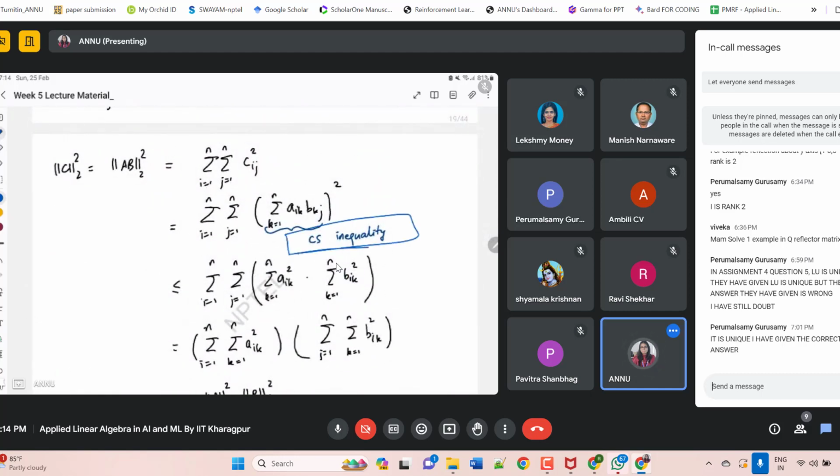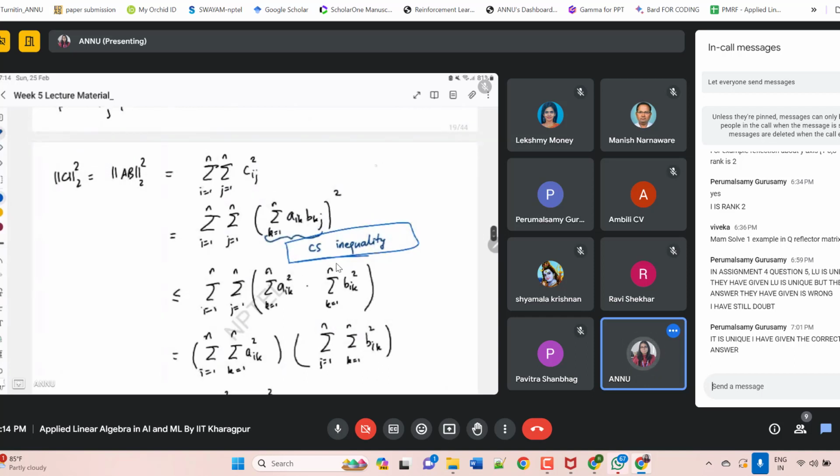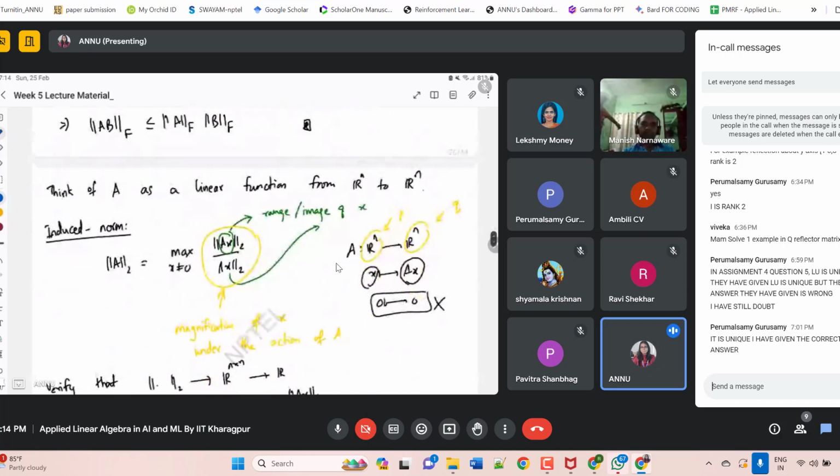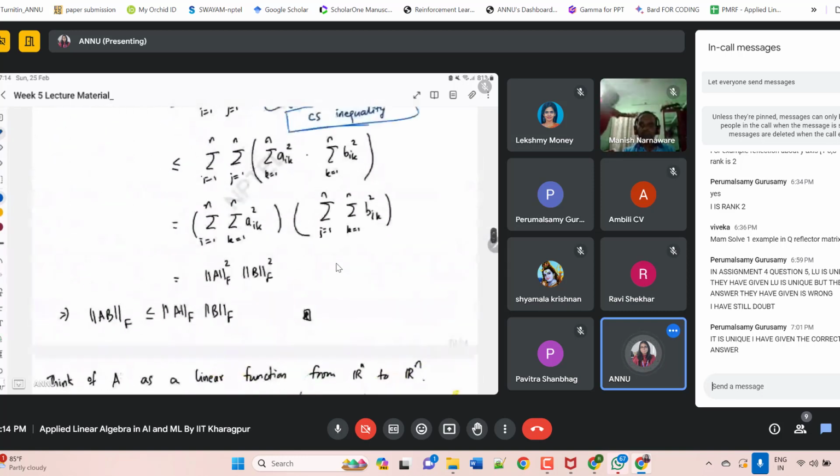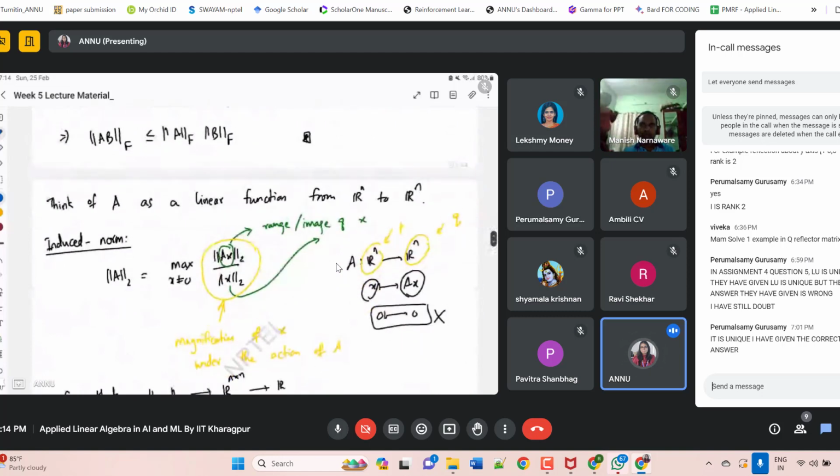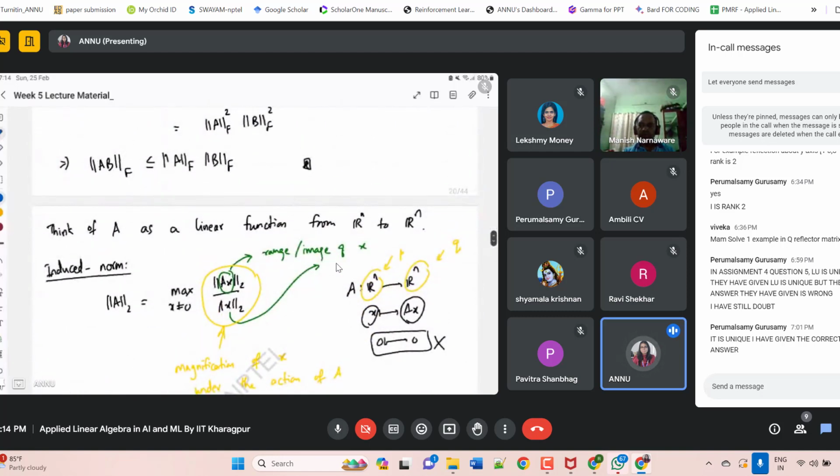What is the Cauchy-Schwarz inequality? The inner product of any vectors, squared, should be less than or equal to the product of their individual inner products. You make sure it is following that. So this was the Cauchy-Schwarz inequality. At the end, what we found is that this is following the sub-multiplicative property.